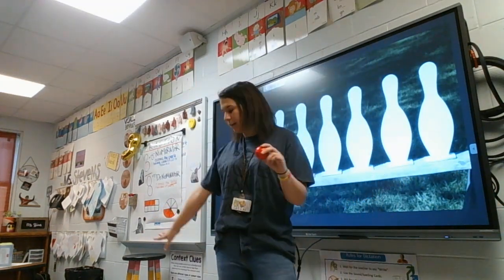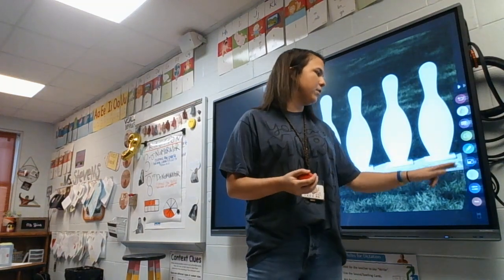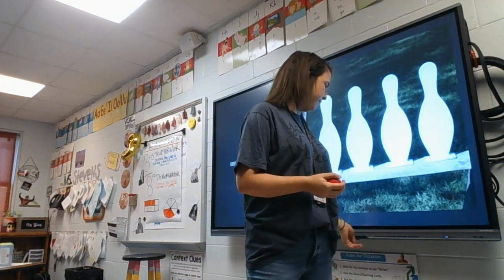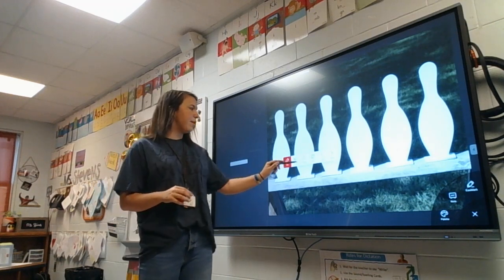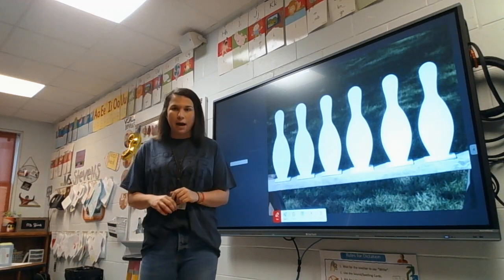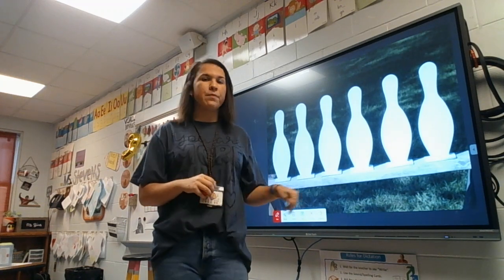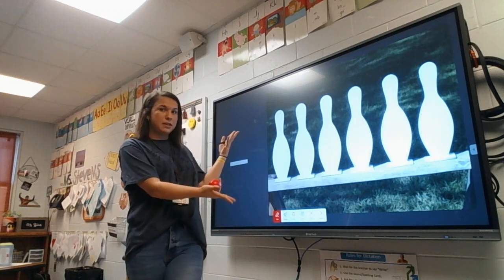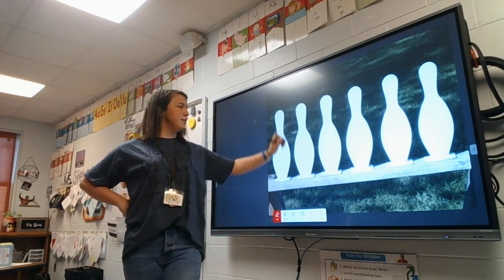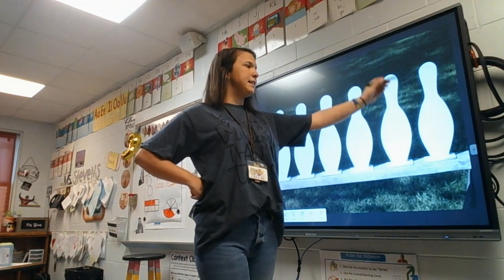I have a little bowling pin thing set up, but first we need to look at our fraction. A fraction is made up of two parts, your numerator and your denominator. Your denominator is your total number of parts. So my total number of bowling pins is, let's count, 1, 2, 3, 4, 5, 6.